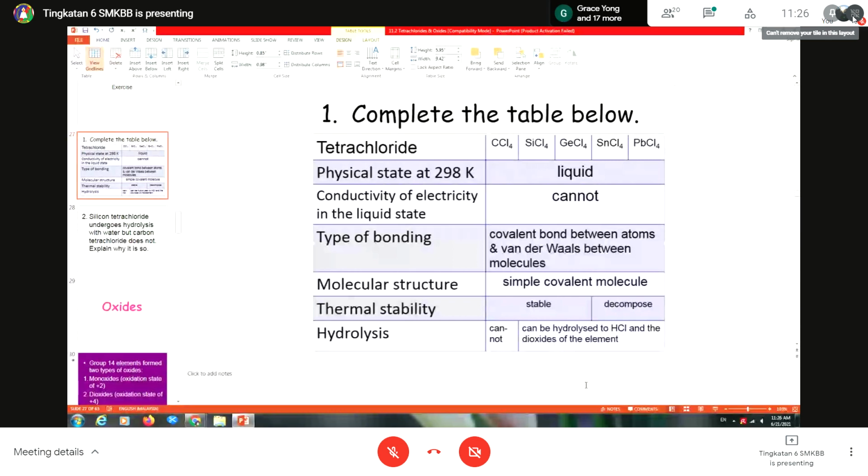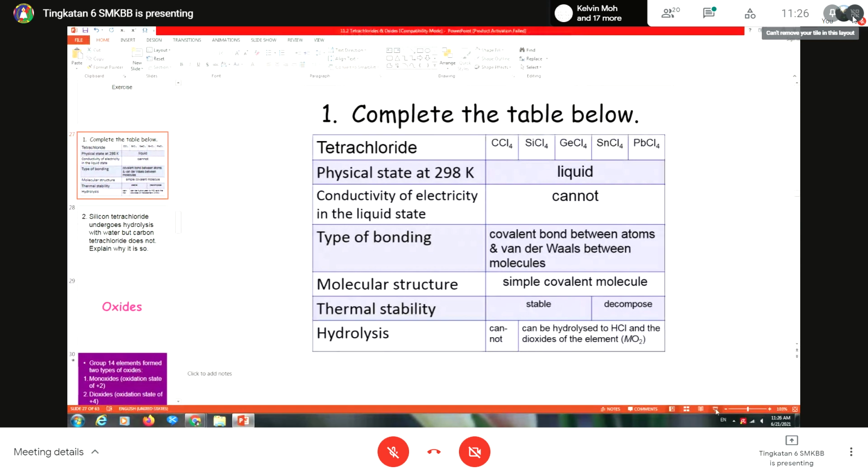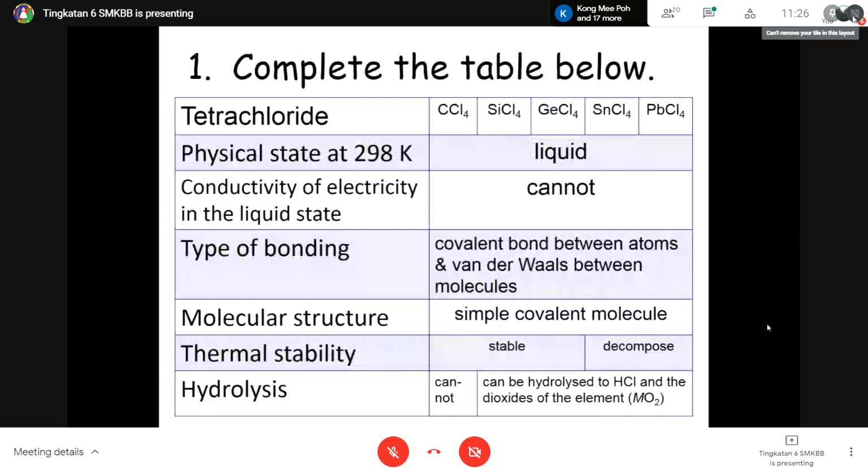Or sometimes you can even put it like this, because normally we represent the elements using M. The M represents the elements of group 14.